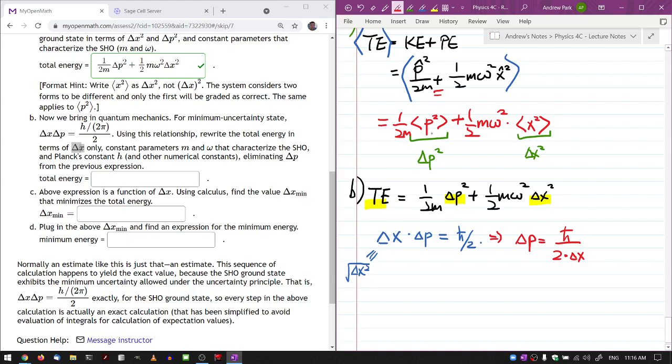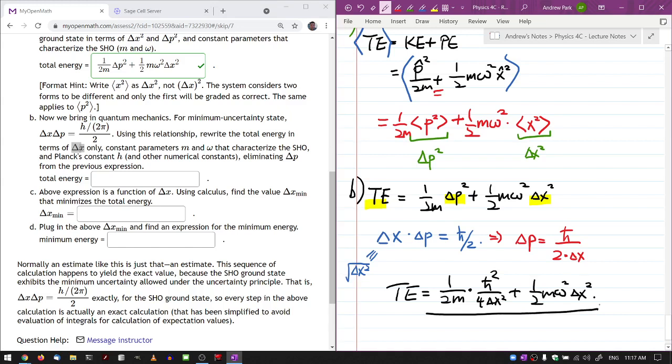So plugging it in here, I get my total energy is equal to 1 over 2m times h bar squared over 2 squared, 4, and this is delta x squared. I'm going to write it as 1 over delta x squared, plus 1/2 m omega squared delta x squared. So here I'm explicitly relating the uncertainty in momentum and the uncertainty in position.